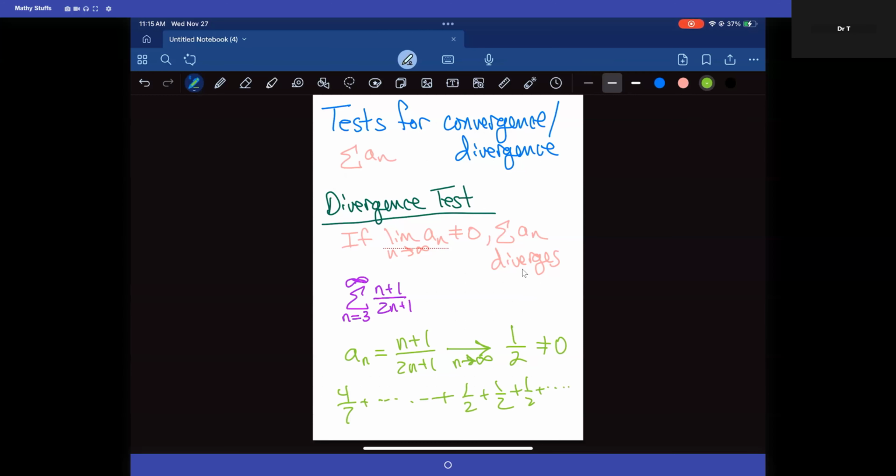And that's just going to keep building. That cannot settle down to a finite value. So this, by the divergence test, since a sub n converges to 1/2, which is not zero, the series diverges.